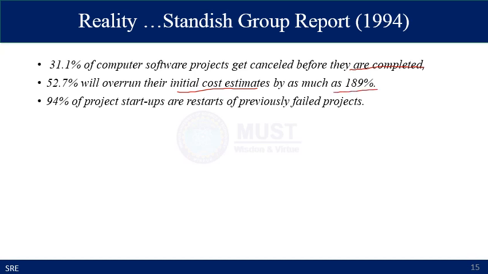And it also states that 94% or 95% of project startups are restarts of previously failed projects. So requirement engineering is a peremptory step, and it must be done with clear goals.